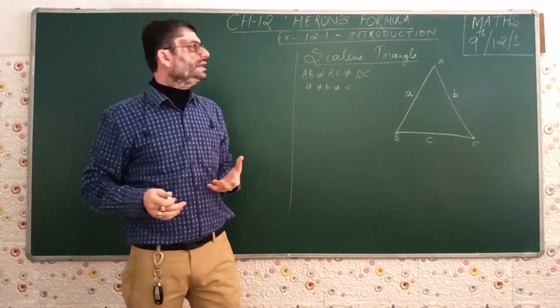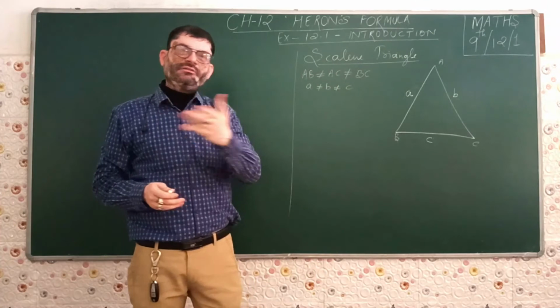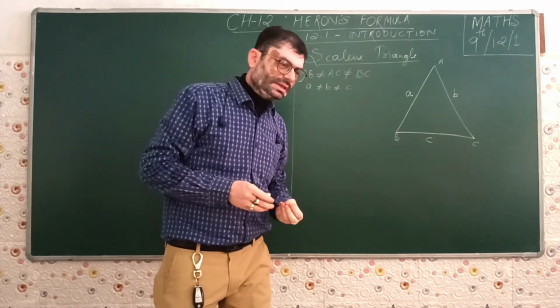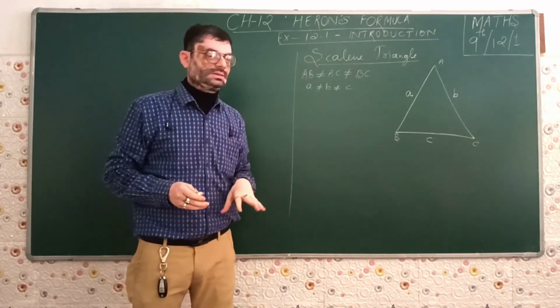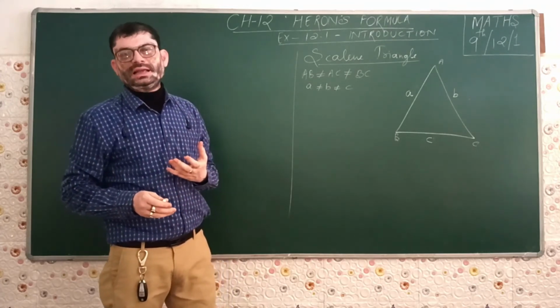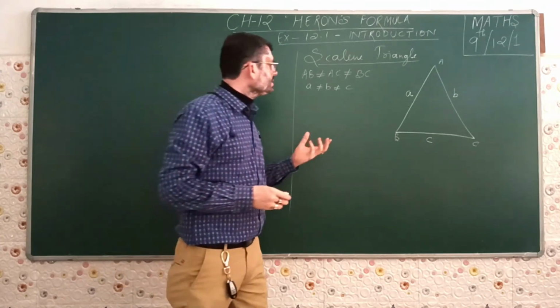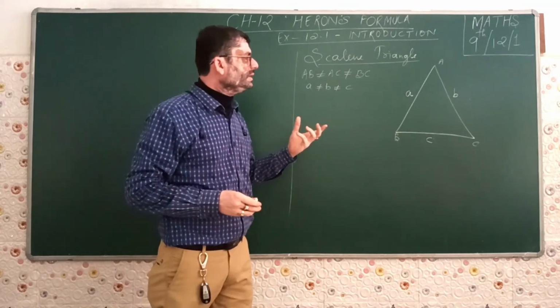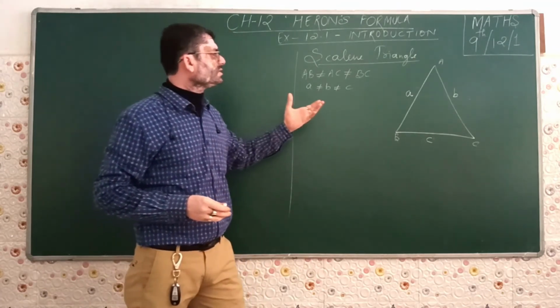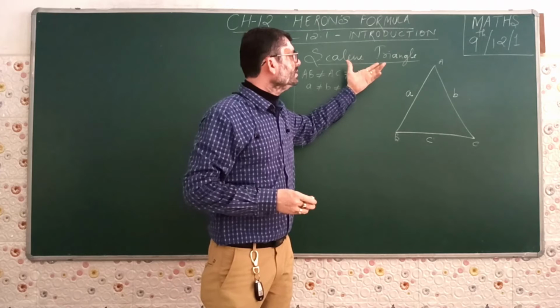We are presently dealing with scalene triangle where none of the sides are equal, but the sides are known to us. Then how can we find the area of a triangle? Let us take some values here so that it will be easy for you. Or else, let us first of all move on with the formula.